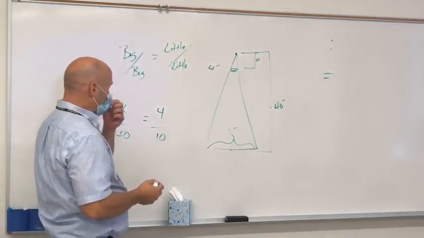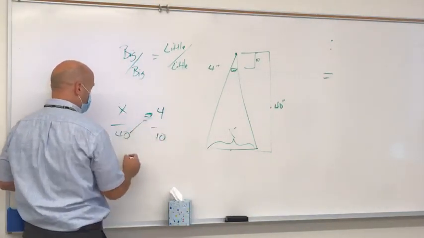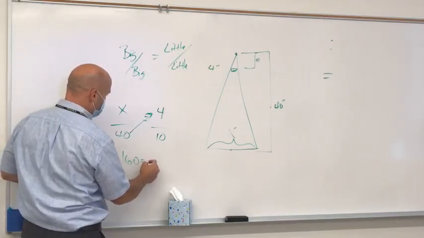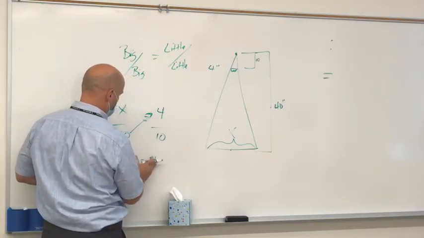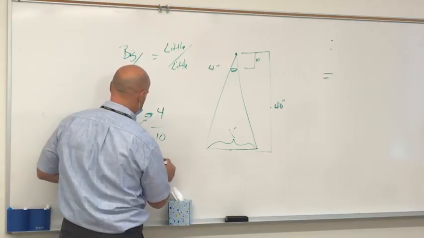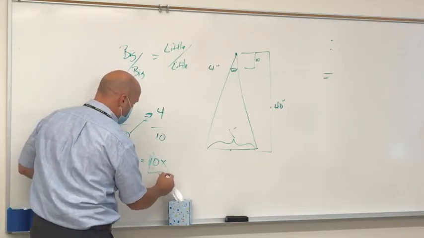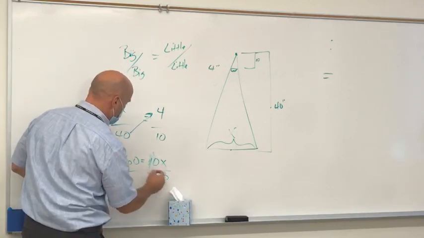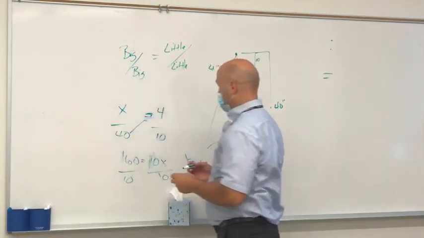So now how do I solve that? Cross multiply. Cross multiply, right. So 40 times 4 would be 160 is equal to 10x. 10x. Divide both sides by 10, so x is equal to 16, right.